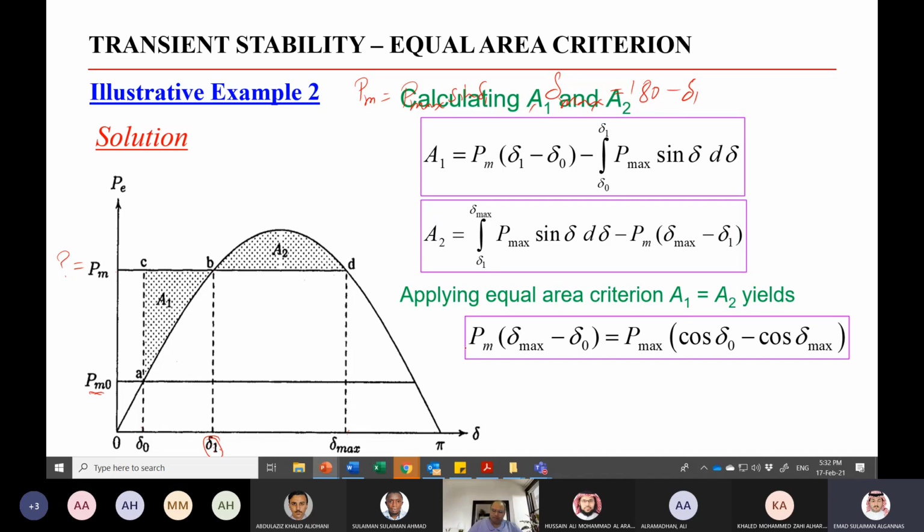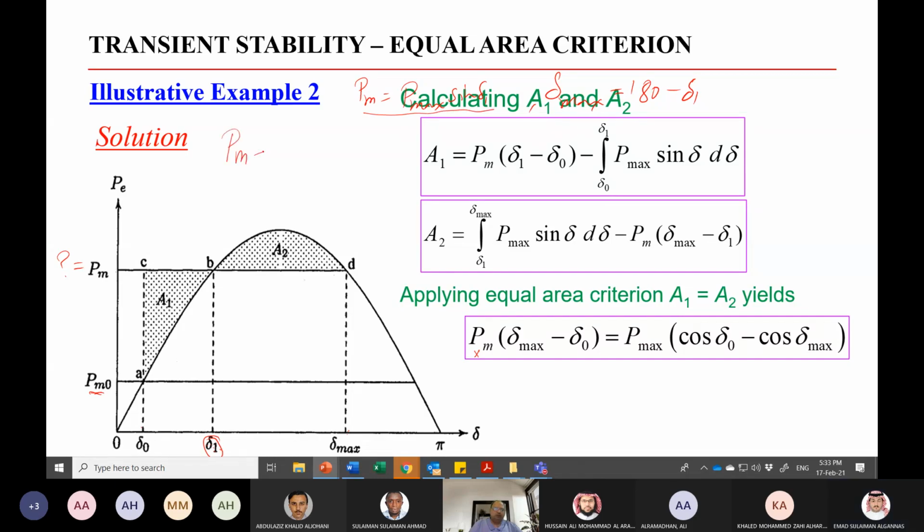We don't have Bm, and we have the rest of the values. Do you have delta max? Yeah, we have delta max. We calculate it from 180 minus delta 1. Do you have delta 1? Delta 1? Yeah, delta 1, I think we have it. We can calculate it if I'm not mistaken.